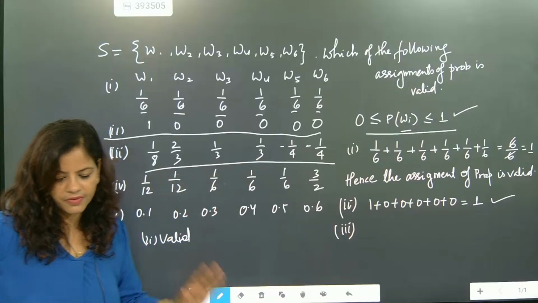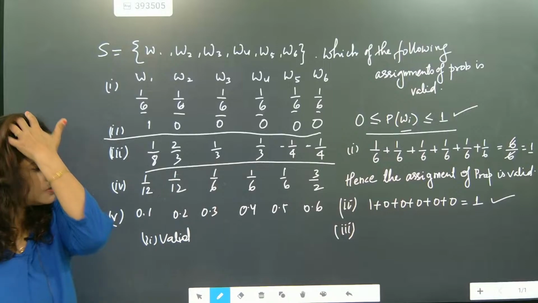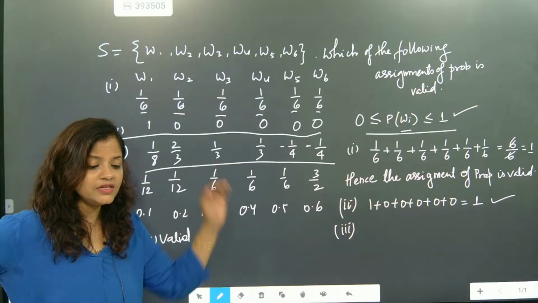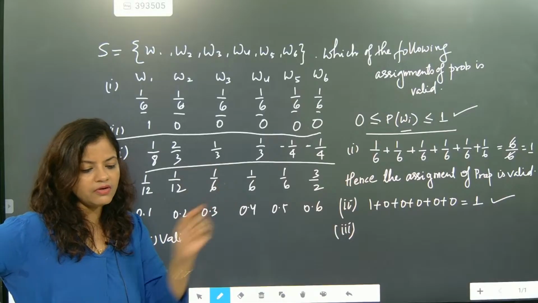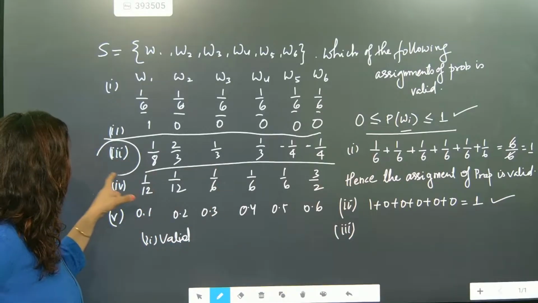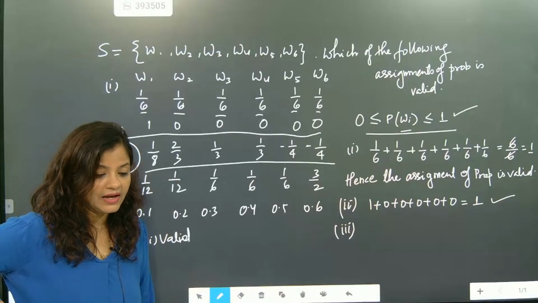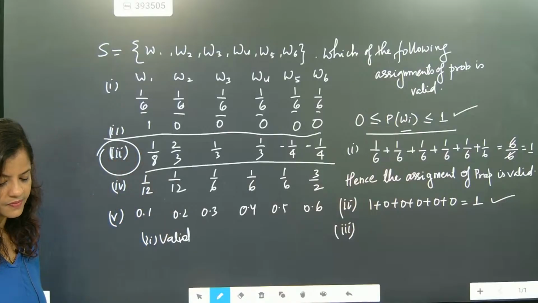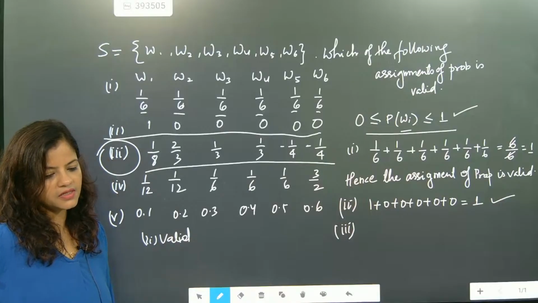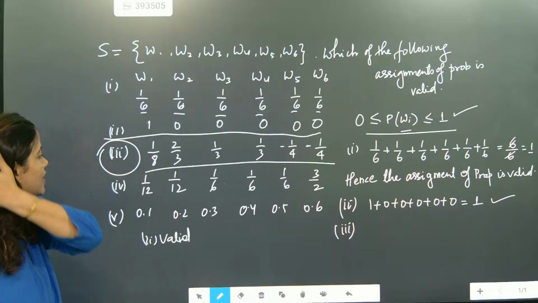You must be thinking about it. Very good. Is it valid or not valid? We are going to question number 3. Just think and say, what do you think? Is it valid or not valid?